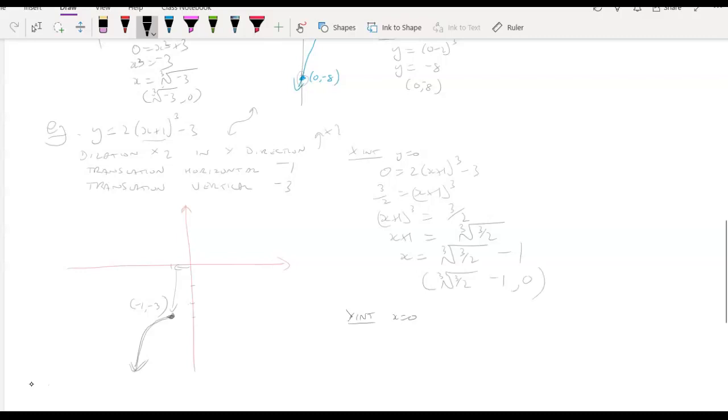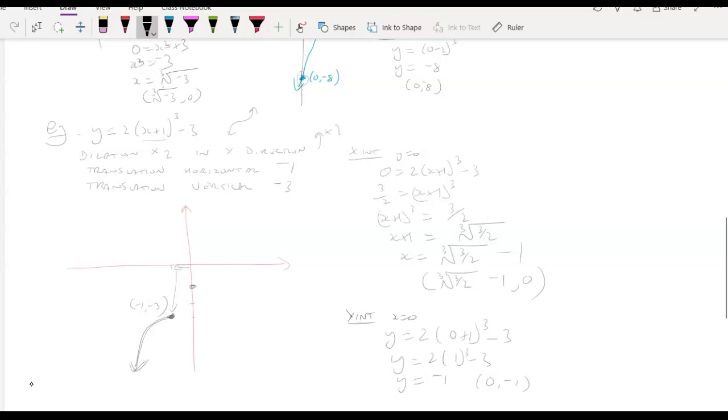Comma naught, either way. And then for the y-intercept, x equals 0, so y equals 2 times (0 plus 1) cubed minus 3. y equals 2 times 1 cubed minus 3, that's 2 minus 3, y equals minus 1. We have a point (0, minus 1).